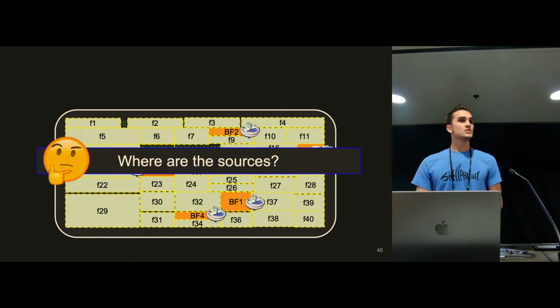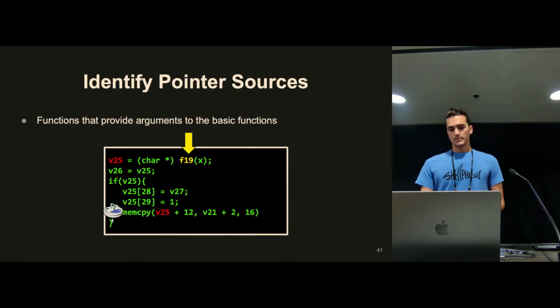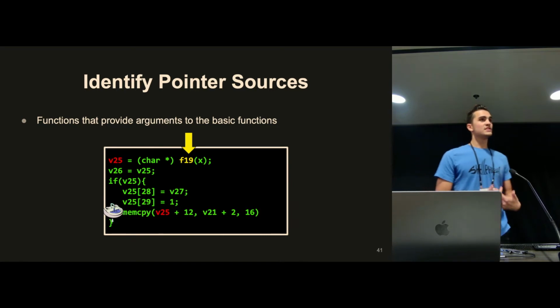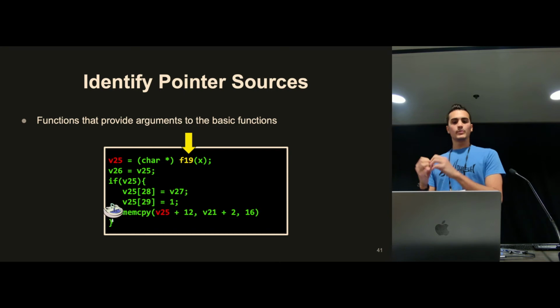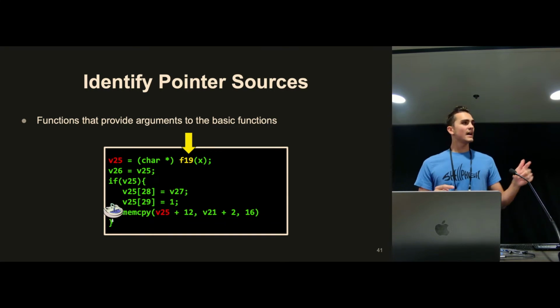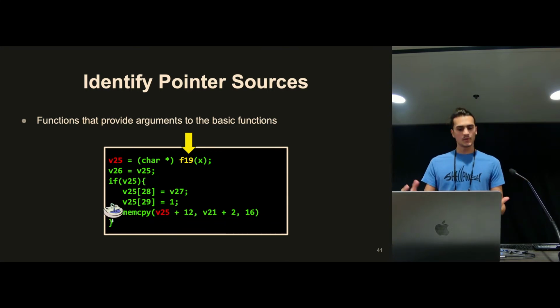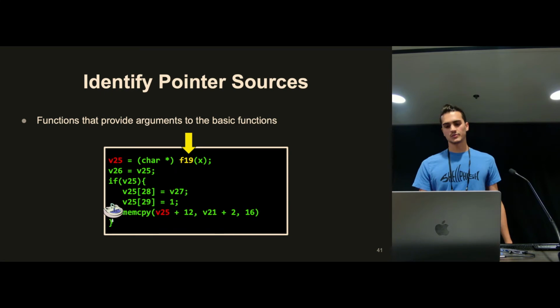So now the question is, where are the sources? We call them pointer sources because they generate these pointers and provide them to our sinks, our basic functions. In this example, you can see F19 returning V25 that flows into memcpy, our sink, in other words, our basic function.